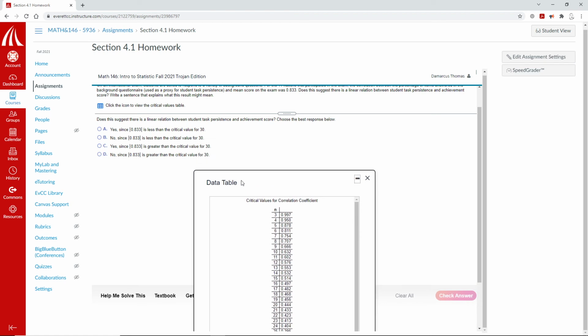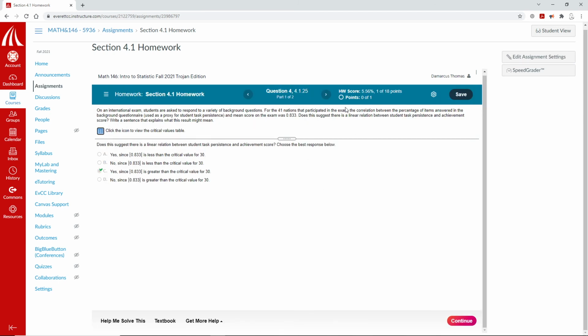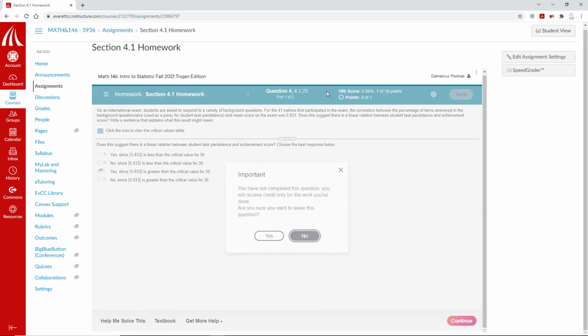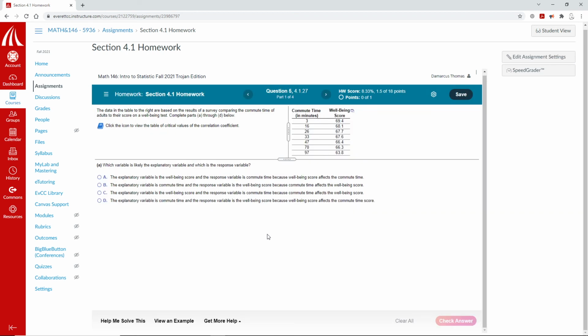So I'm going to go with it's greater than the value for 30. So let's check it, and we're good there. It was a good question. Probably need to look at more like those just to see other situations. I mean, that was one where there weren't that many.